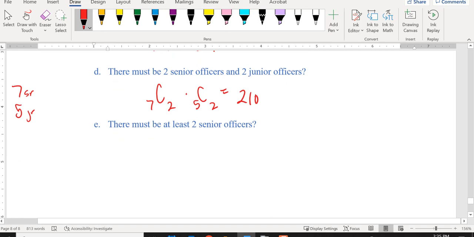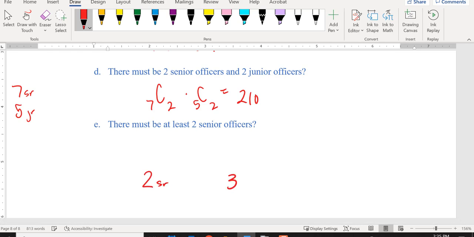Okay, what if there must be at least 2 senior officers? All right, this gets a little tricky. At least 2 senior officers. So there could be 2 senior officers, there could be 3 senior officers, or there could be 4 senior officers, right? Okay, the way to get 2 senior officers, you're going to do the combination of 7, pick 2, and then the remaining 2 are going to be juniors. So you've got 5, choose 2.